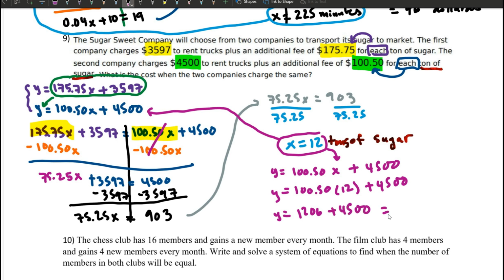So we end up at $6,300 to transport 12 tons of sugar, which costs the same if you use either the first company or the second company. They will charge you the same price.